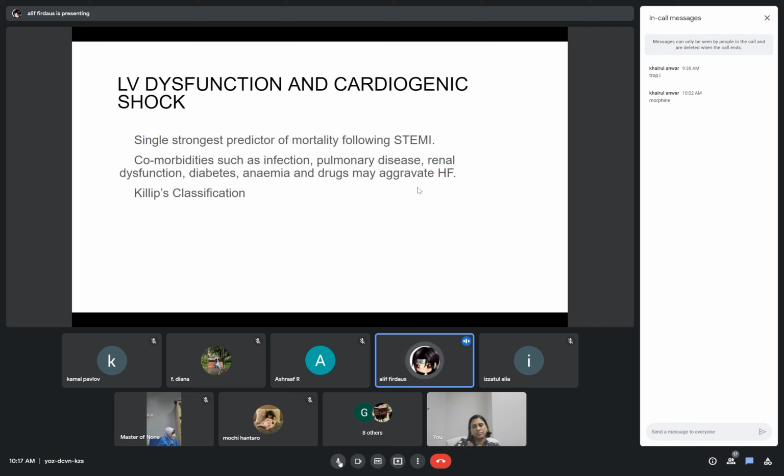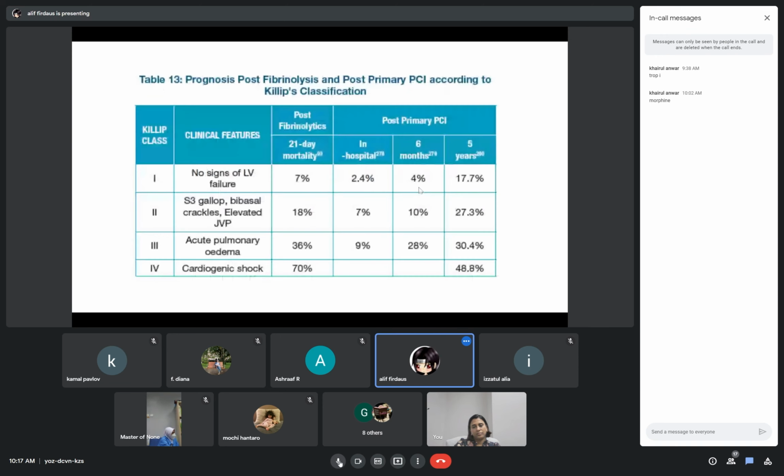So we use the Killip classification for the prognosis post fibrinolysis or post primary PCI. If the patient has Killip class 1, there are no signs of left ventricular failure, so the patient has a lower mortality rate. Killip class 2 has an S3 gallop, bibasal crepitations and elevated JVP, with higher risk of mortality.